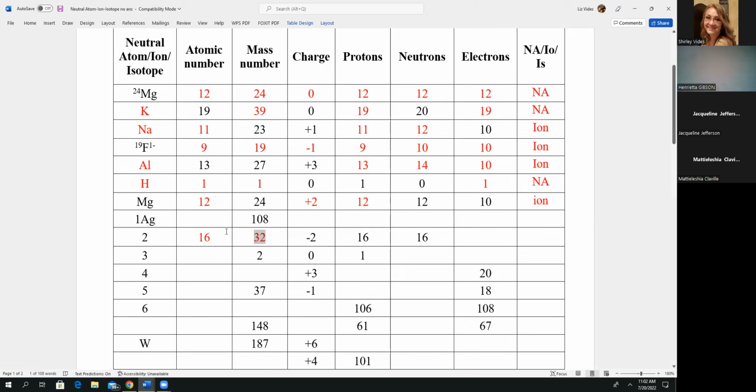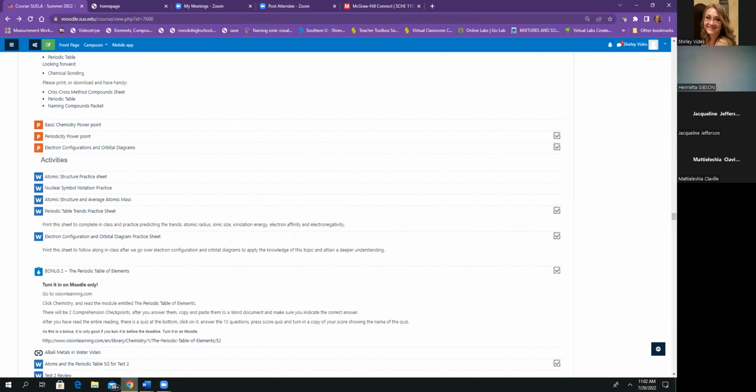Element 16. Let me go see. Where is my periodic table? I don't know. I did show you there's one on Moodle. Hold on. Let me see. I put it up.